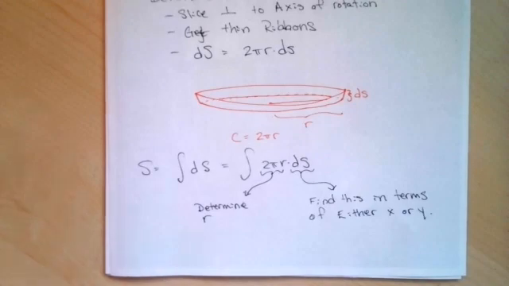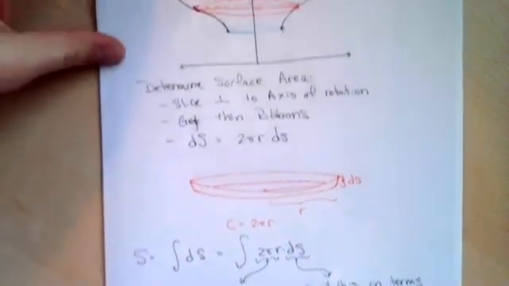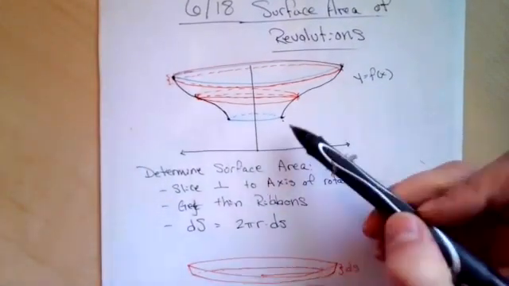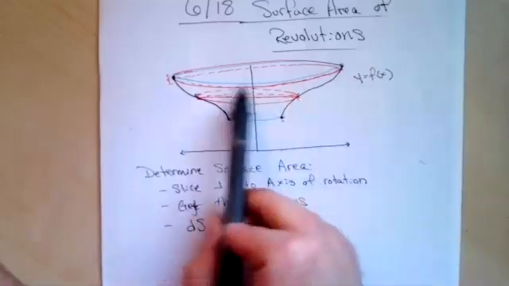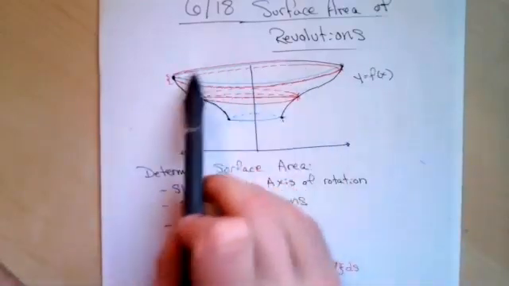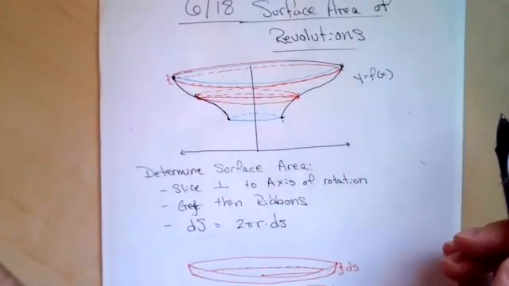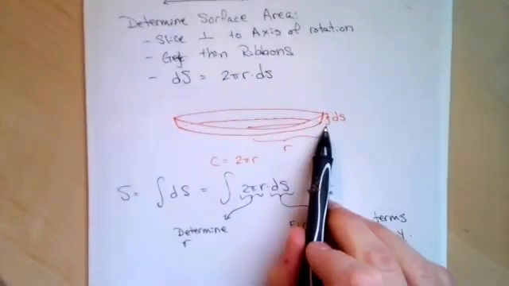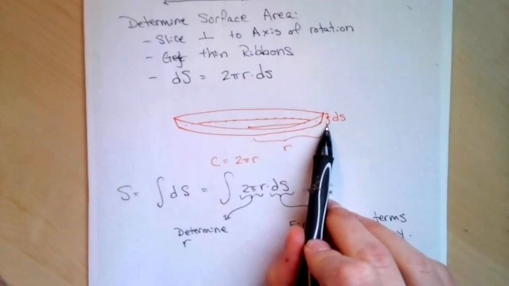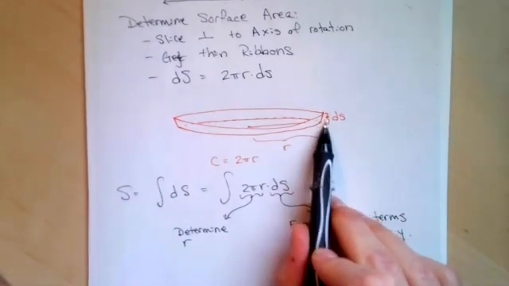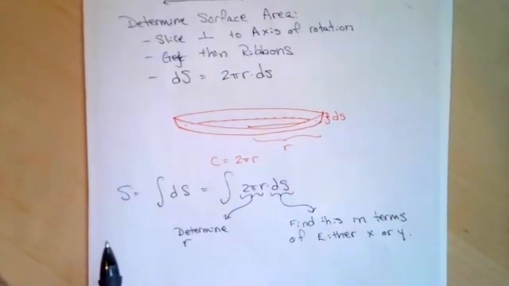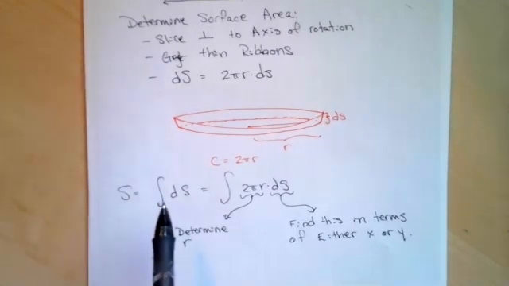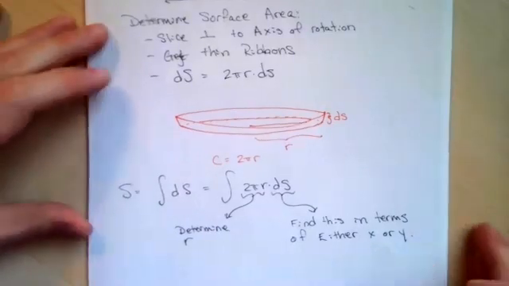Now, nicely enough, we will almost always have y as a function of x or x as a function of y. And as you can imagine, as dictated by the direction of revolution, we do want to approximate these as dy's, but then scaled by our factor that we determined for arc length.